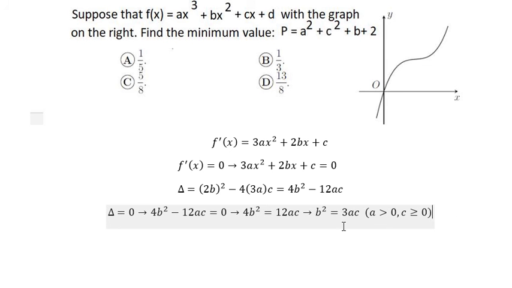So it means a and c should be positive, so that b squared can be valid in here. Now because a and c are positive, we can go to the P in here.